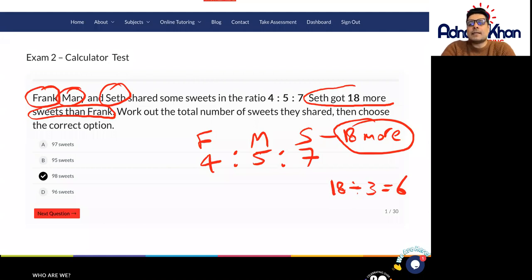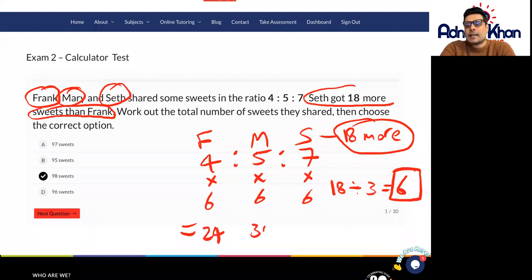So that means that our factor, which we're going to use to multiply in this case, is going to be 6. So let's do 4 times 6, 5 times 6, and 7 times 6 here and see what we get. So 4 times 6 is 24, 5 times 6 is 30, and 7 times 6 is 42.